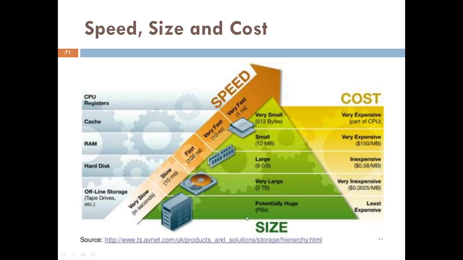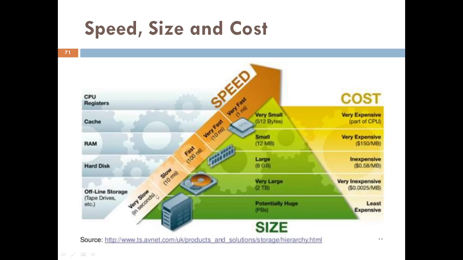Then come the hard disk and offline storage such as tape drives. It is very large. It can store data in terms of terabytes and petabytes. It is less expensive compared to main memory and cache memory, and it is very slow.